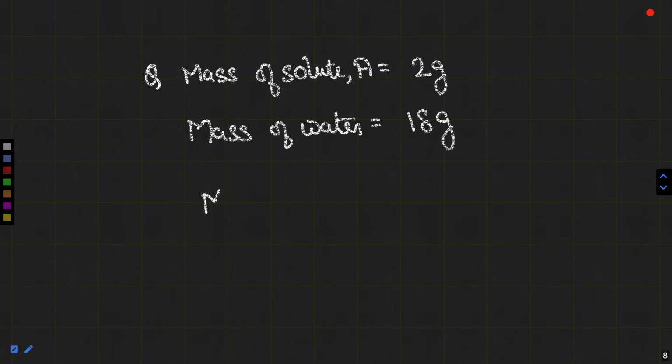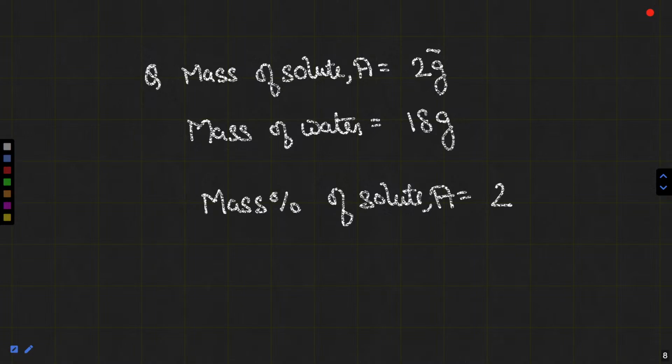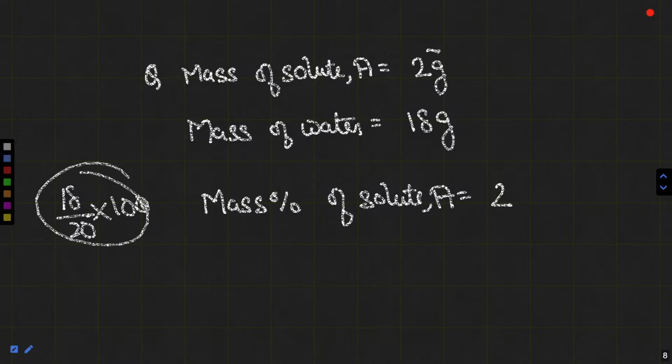And you have to calculate the mass percentage of solute, which is A. How will you do it? It's a very simple formula. Whosoever percentage you want to calculate, keep it in the numerator. If you obtain 18 marks out of 20, you take this fraction and multiply it by 100 to get the percentage. Same analogy here.